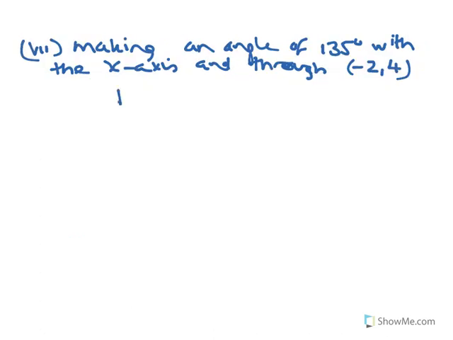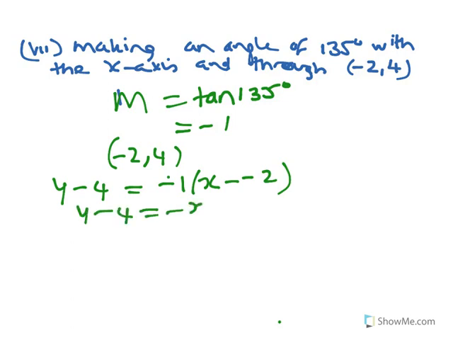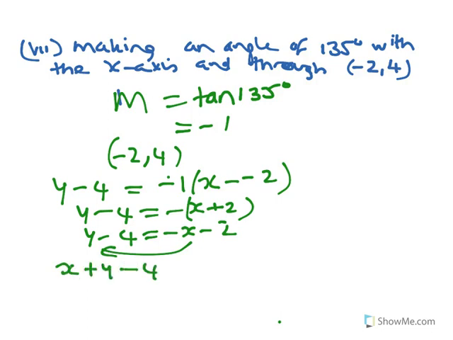And finally, the gradient here will equal tan 135, which is minus 1. And the point's minus 2, 4. So you go y minus 4 equals minus 1(x plus 2). Y minus 4 is minus x minus 2. If I bring it all to the one side, you get x plus y minus 4 plus 2 equals 0. X plus y minus 2 equals 0.